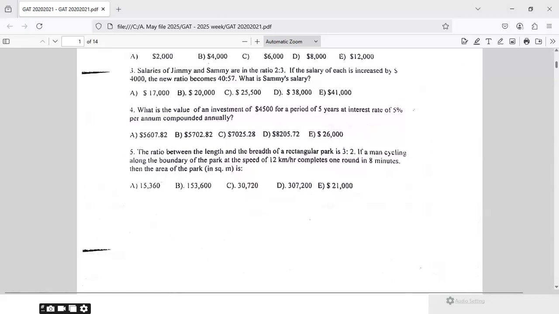Now, if the salary of each is increased by 4,000, the new ratio will be 40 to 57. Now, what is Sammy's salary?